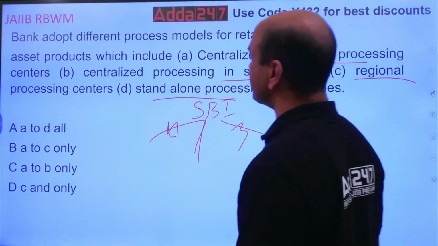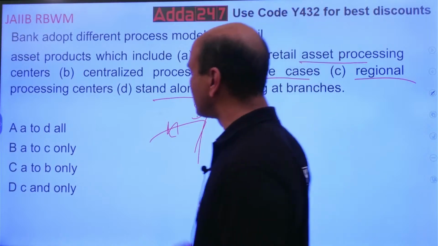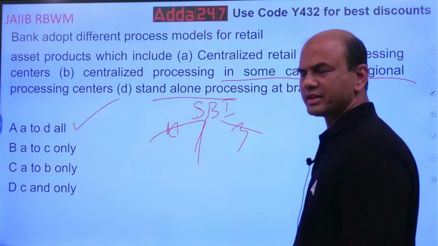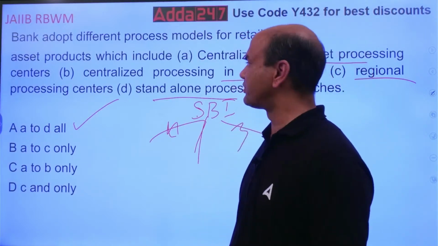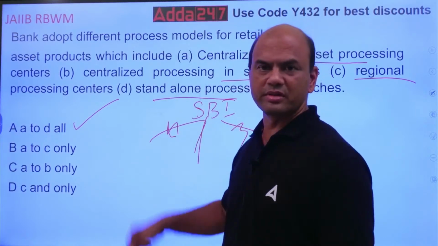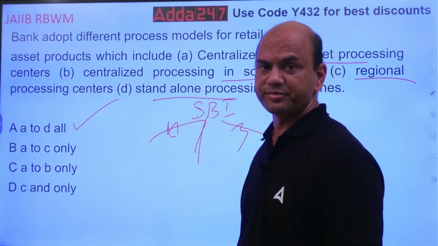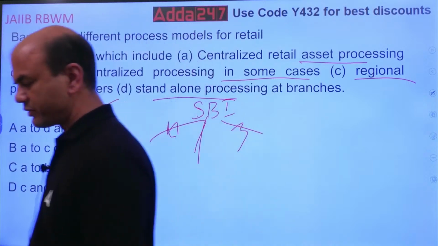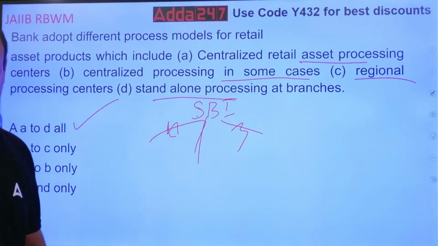So the answer is, banks adopt all the models, A to D, because it depends on the bank, whether it's a smaller bank. Nowadays, everyone is shifting to this CPU model. Let it be regional, let it be central, anything, but they are shifting. Standalone processing is done in very few banks. Got it?